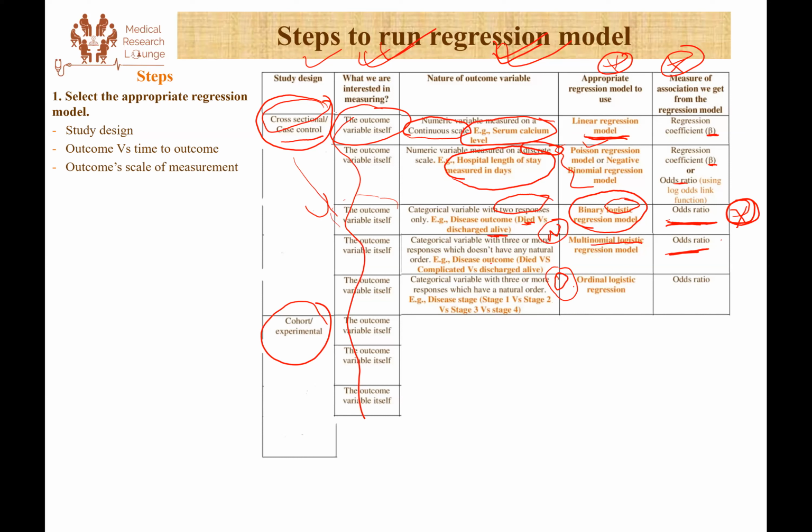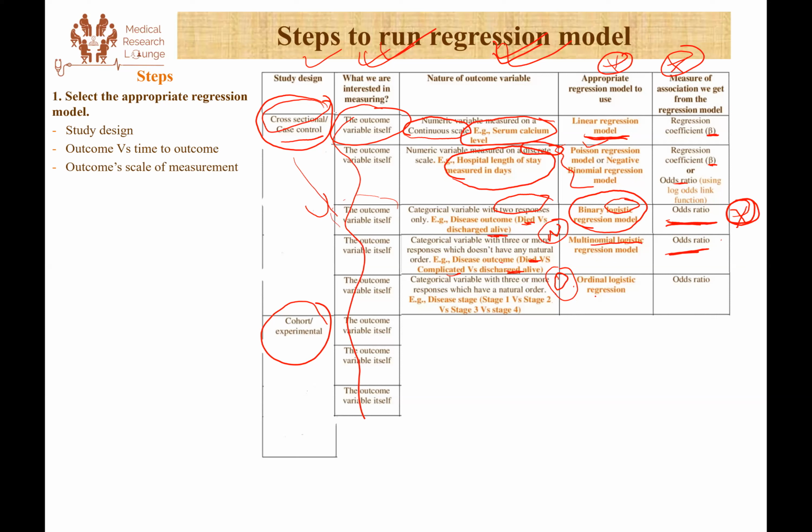But in the case of disease outcome, somebody could die, develop complications, or could get discharged. They don't have any natural order. Rather, a patient could die, could get discharged without developing complications, or could die, I don't know, and skip the other phases. So these are not ordered, but this one is ordered.